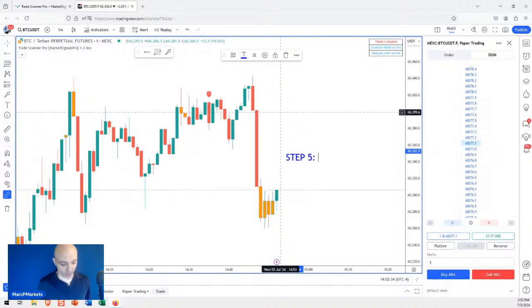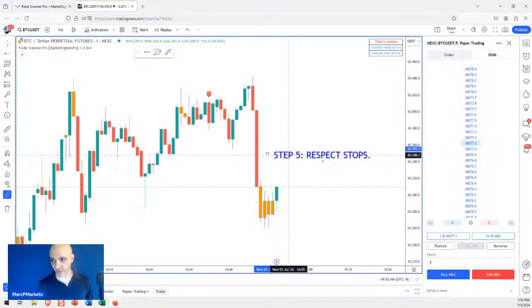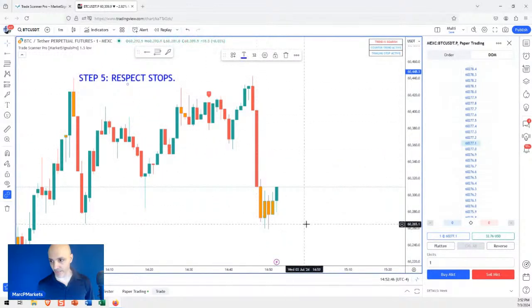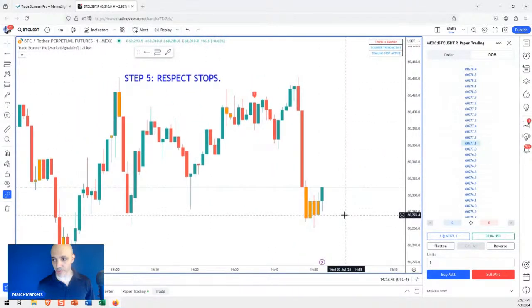So we can call this respect the stops, because once we're in the trade, right? There's no signal yet, but a signal is coming very soon because I got the heads up, right? So when the signal appears, that's step 4. So once I'm officially in the trade, because I'm not officially in the trade yet.